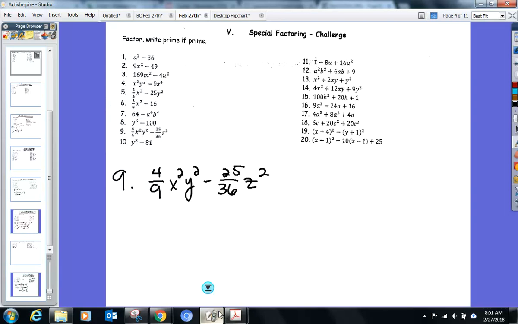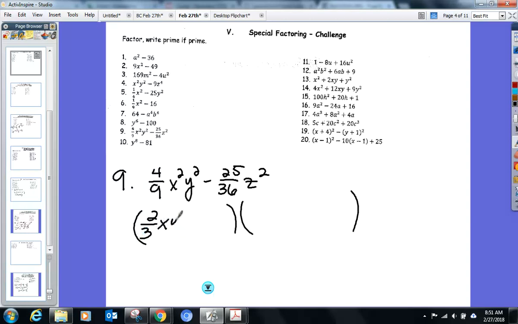You ready? You're not off the hook yet. 4 and 9 are perfect squares for what? 2 and 3. X squared, y squared, perfect squares for? X squared, y squared would turn into what in my parentheses down here?